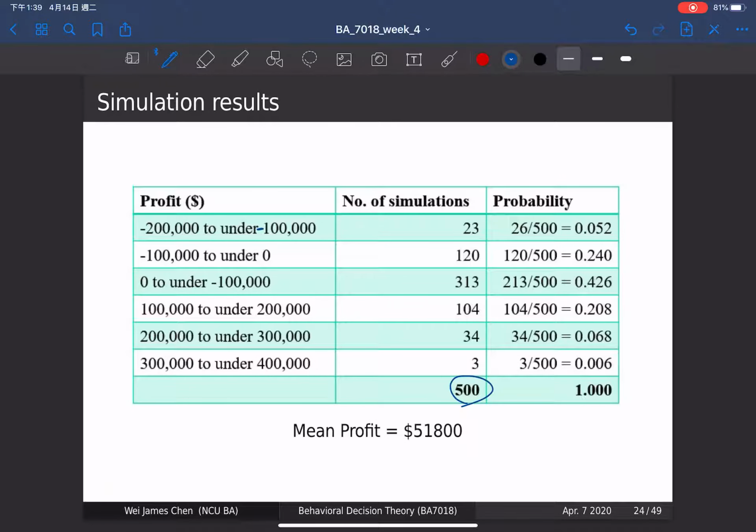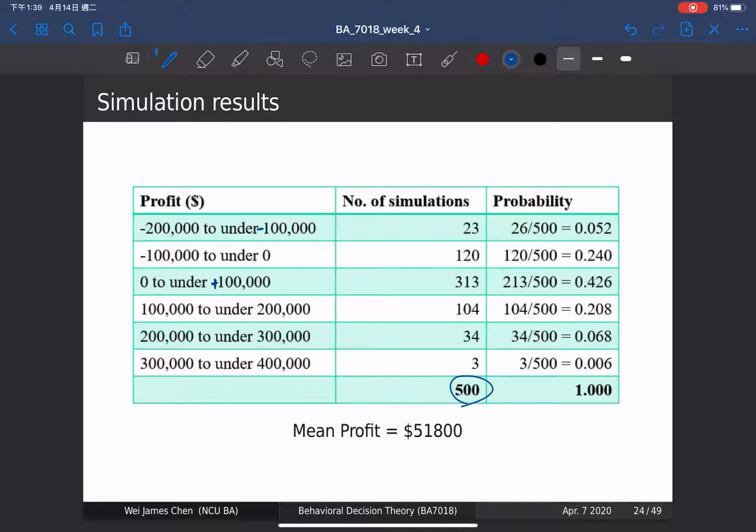There should be a minus here. Okay, and under minus 100K, and minus 100K to 0. There are a lot of typos in this textbook. And then 0 to plus 100K. So every 100K is a range, basically.